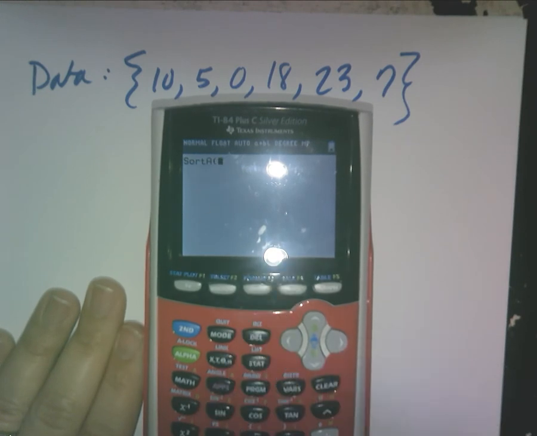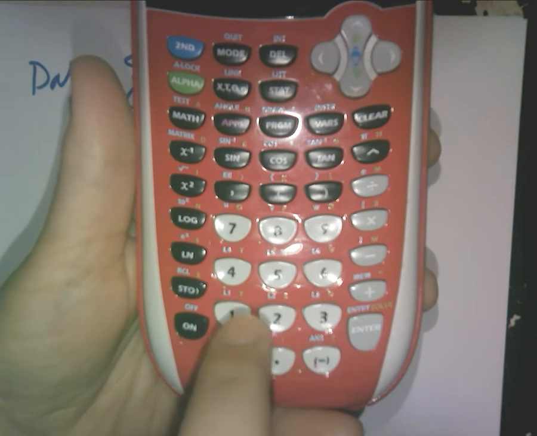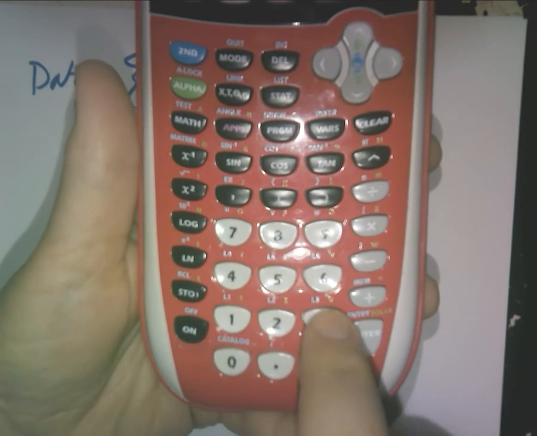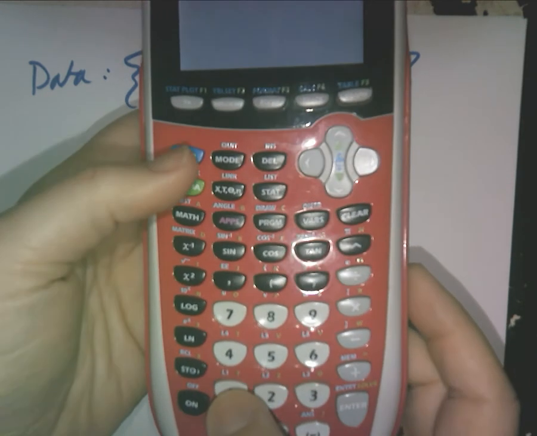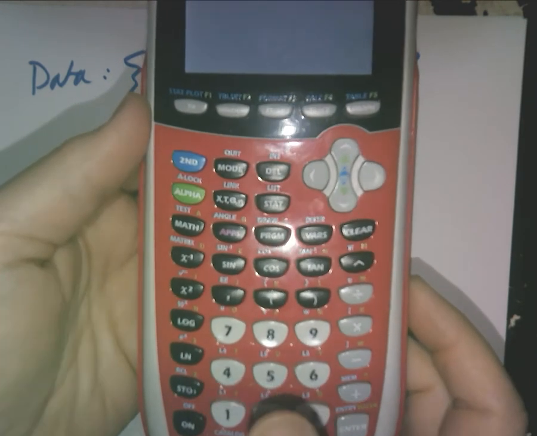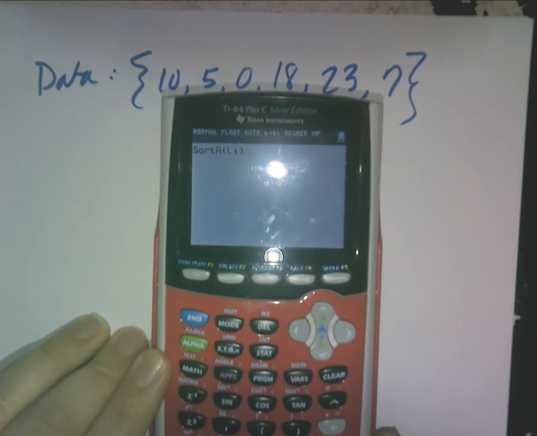Now you have to tell the calculator what list you want to ascend. If you look at the buttons above the numbers 1, 2, 3, do you see how it says L1, L2, L3? Mine is in blue. In order to get that L1, you have to hit second 1, and then it should say SortA(L1. You can close the parenthesis, hit enter, and all it's going to say is done.